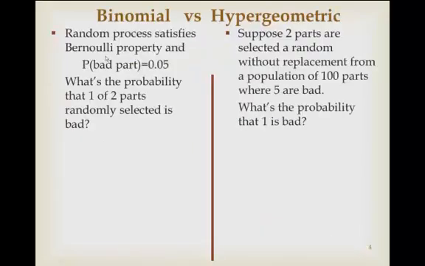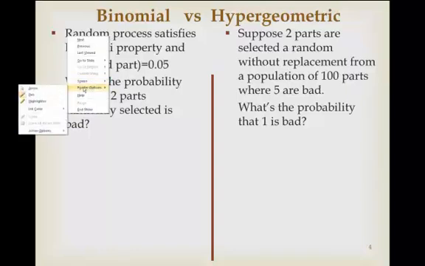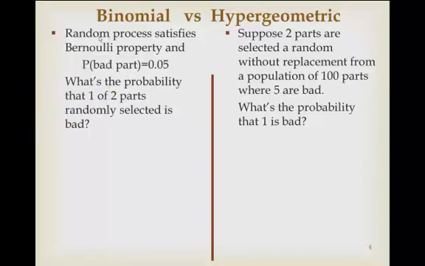Now we've got our binomial versus hypergeometric. Who shall win? What I tried to do here was to set up two problems that are really close to being identical, except one's going to be with binomial and the second with hypergeometric, so you can see the differences.